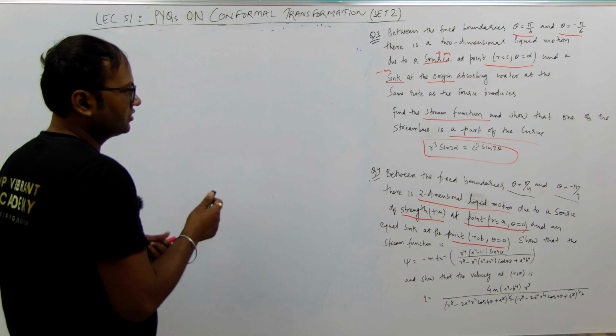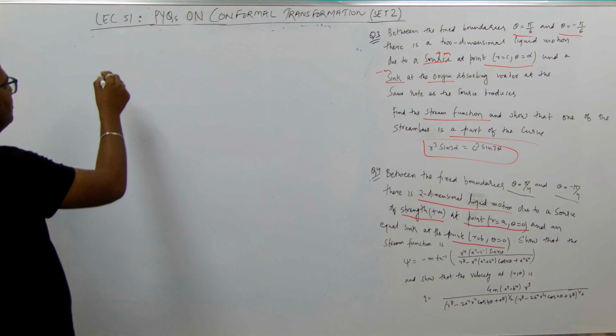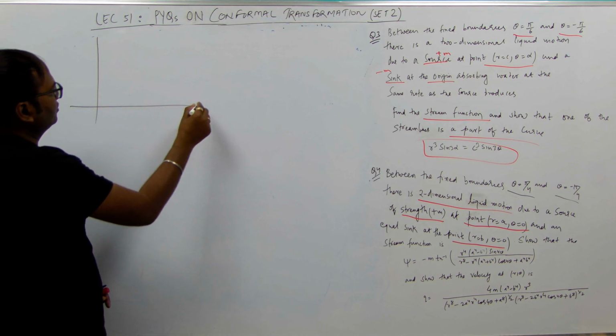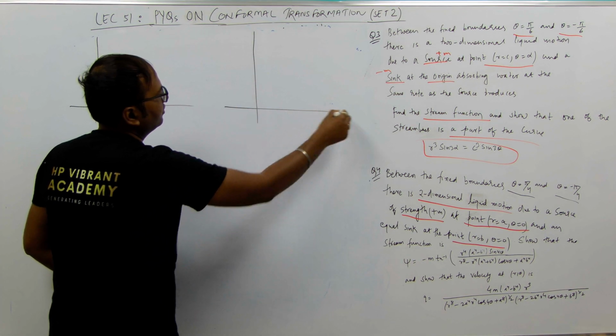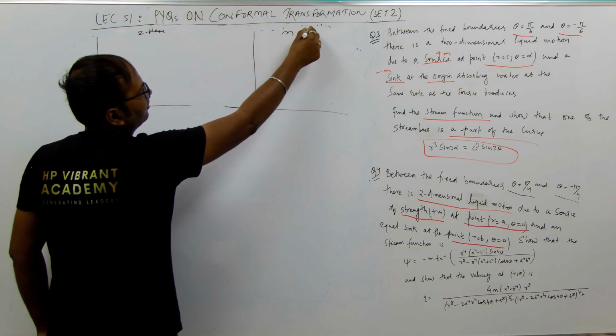So we have two fixed boundaries like this. This is our Z plane and this is the zeta plane.